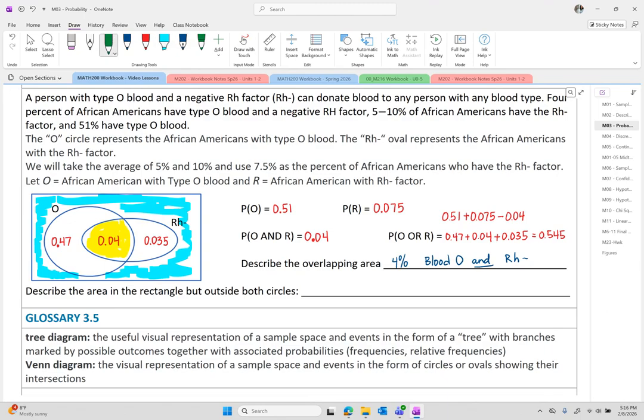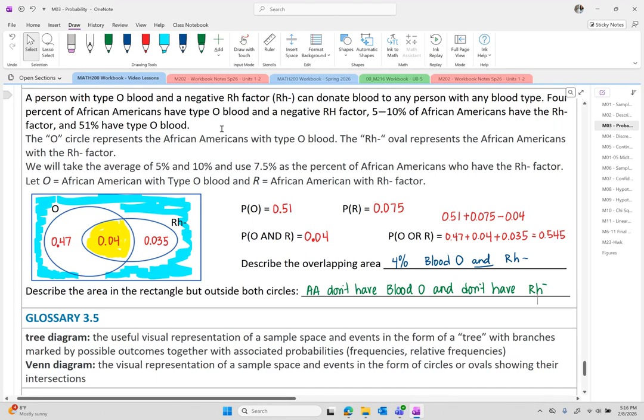So this would be African Americans that don't have blood type O and also don't have the negative factor. So neither blood O and also not the negative factor.